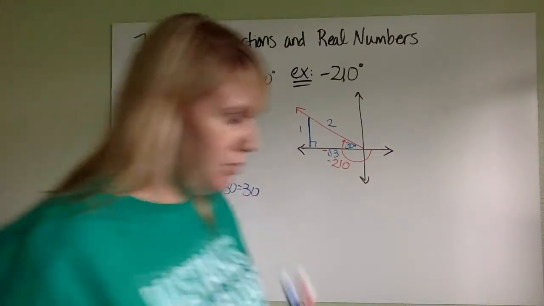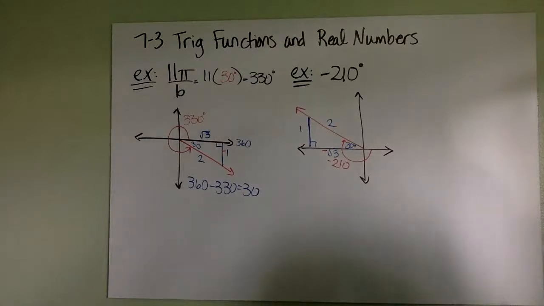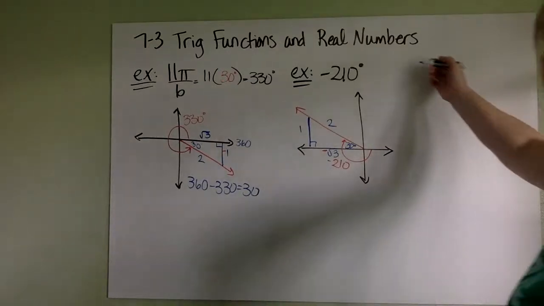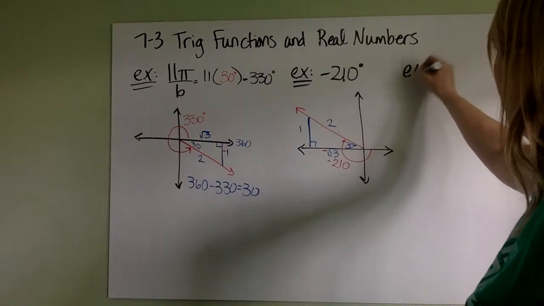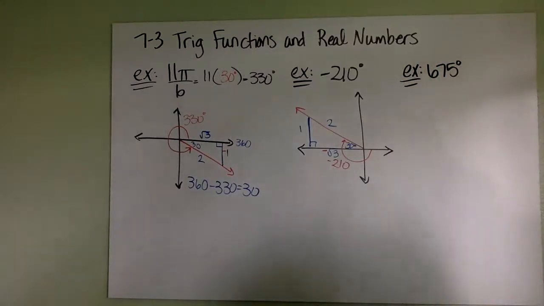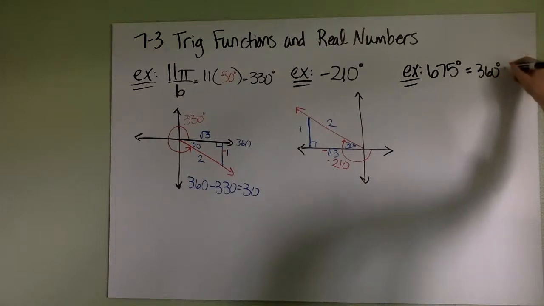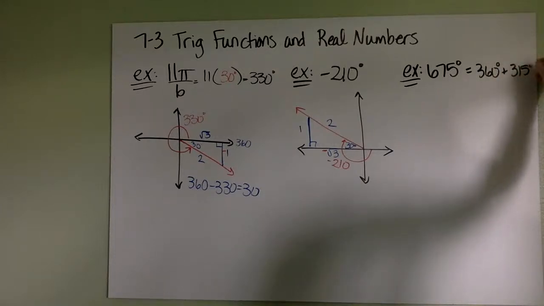And then my last example of these kinds of questions is also in degrees already for us. It's just an example of bigger than 360. So 675 is the same as 360 plus 315.